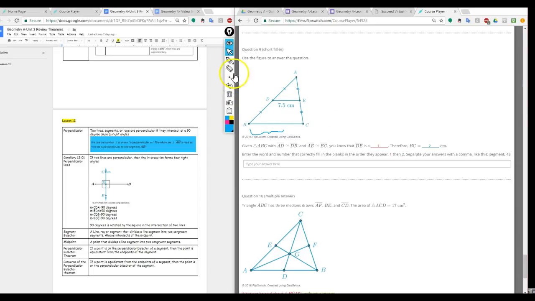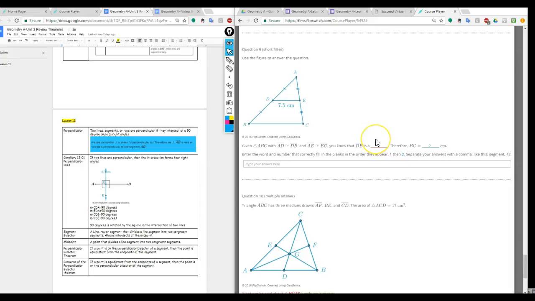Question 9. Use the figure to answer the question. Given triangle ABC with segments AD congruent to DB and AE congruent to EC, you know that DE is blank, therefore BC is a blank.